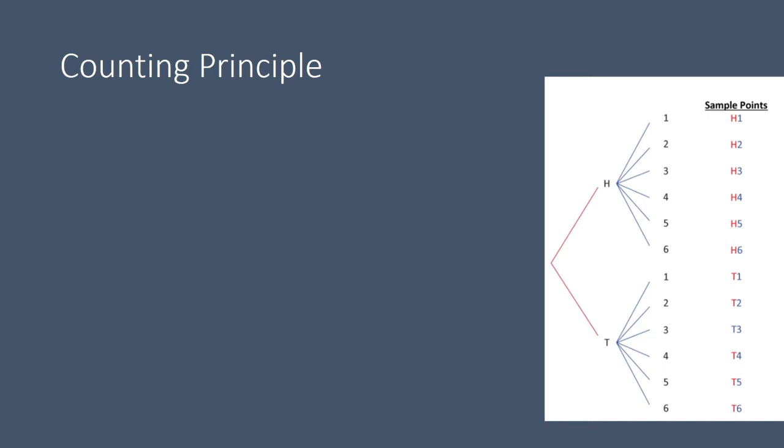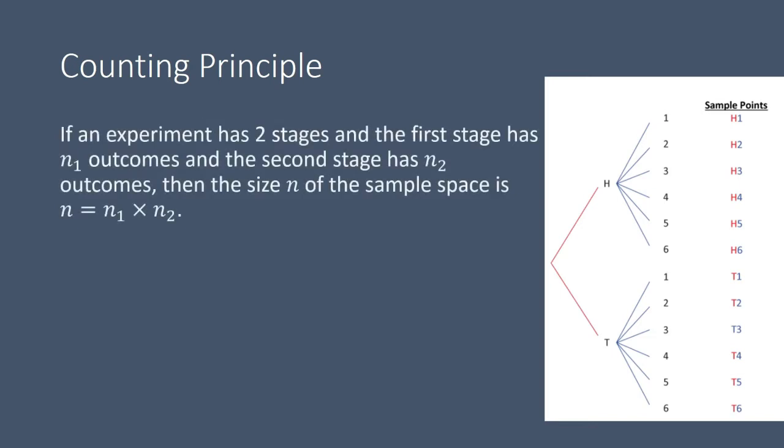And so I am introducing to you the counting principle. If an experiment has two stages, and the first stage has n sub 1 outcomes, and the second stage has n sub 2 outcomes, then the size of the sample space, or the number of elements in the sample space, which we call n, is n sub 1 times n sub 2.